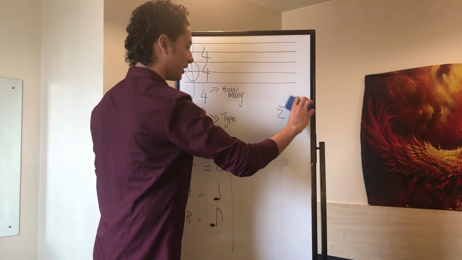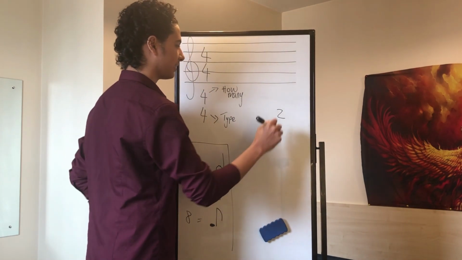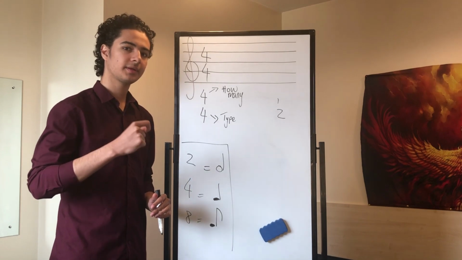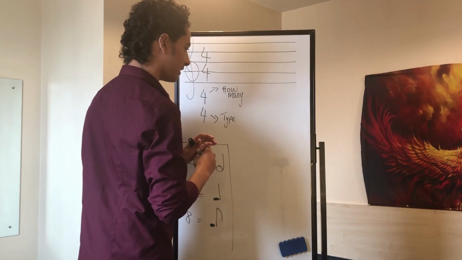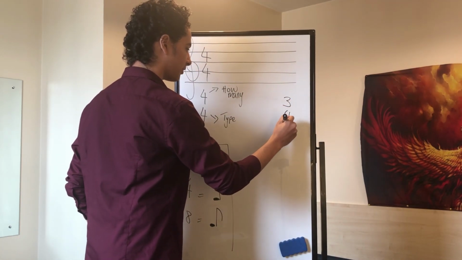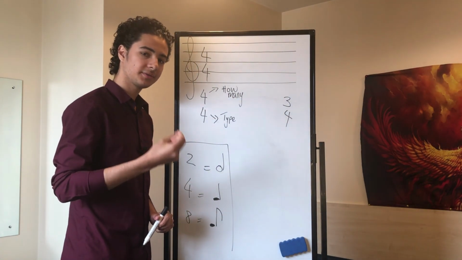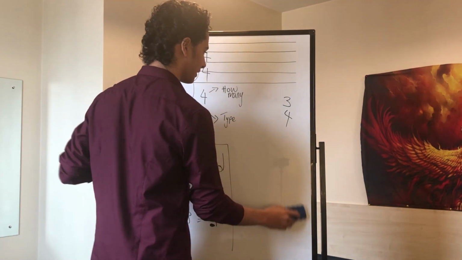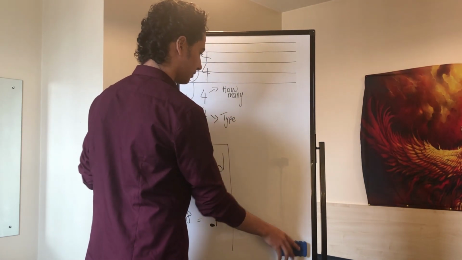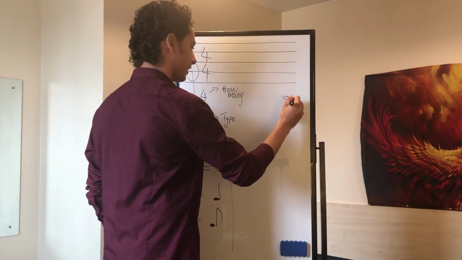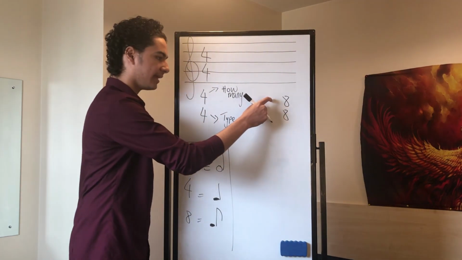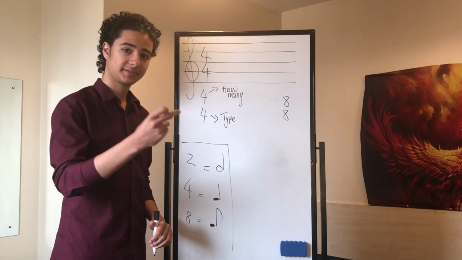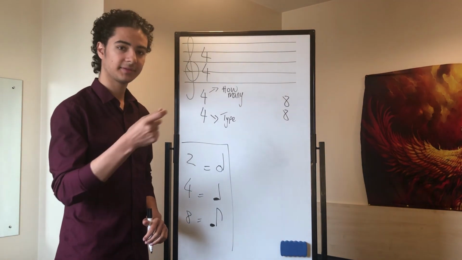Now you can also find, quite rarely, but it is something you might encounter, 1/2, and that's 1, 1. Two more examples that are pretty common as well: you have 3/4, and that's 1, 2, 3, 1, 2, 3, and so on. And the other common one that you can see is 8/8. So 8 quaver beats, which is 1, 2, 3, 4, 5, 6, 7, 8.